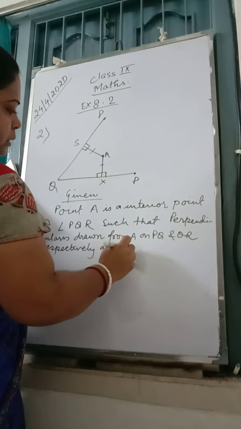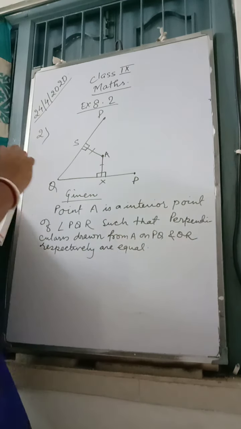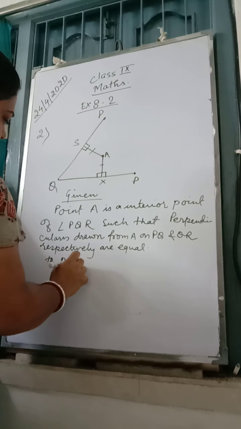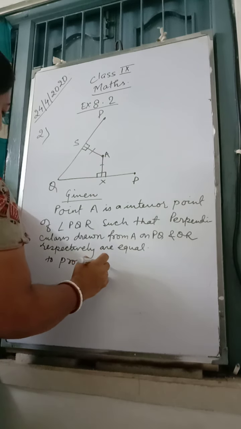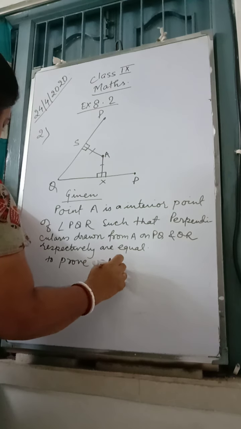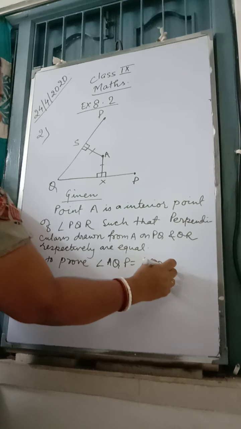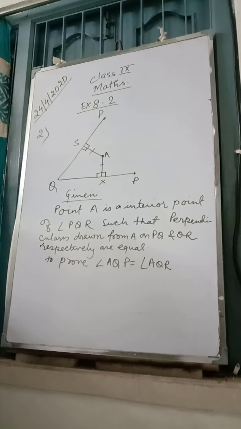Is it? This is given. To prove: angle AQP is equal to angle AQR. This much is given and this you have to prove.